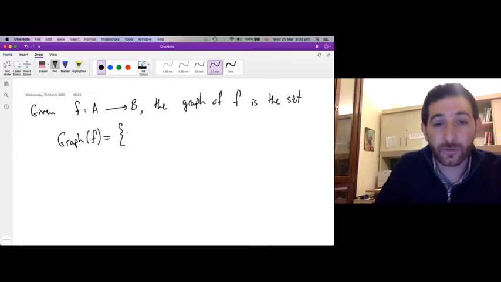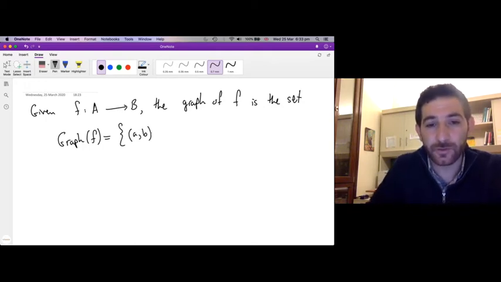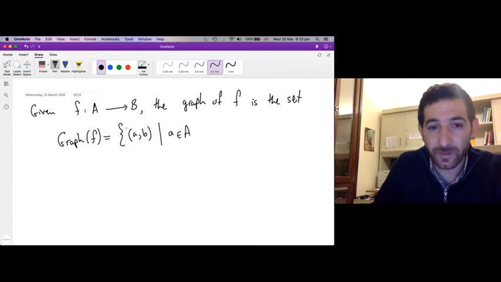This is the set of all pairs (a, b). So remember, this is an ordered pair, a 2-tuple, such that the first element of the pair a belongs to the domain of the function, and the second element of the pair is the image of a, f of a, is the second element b.